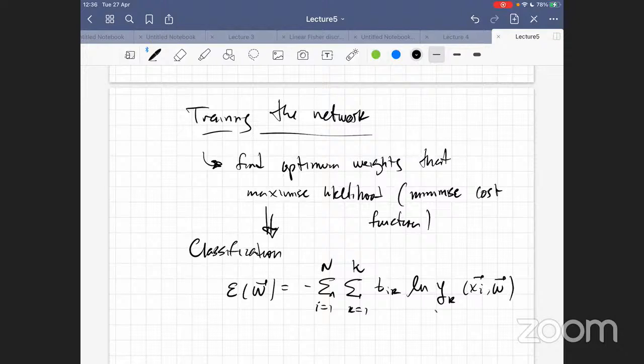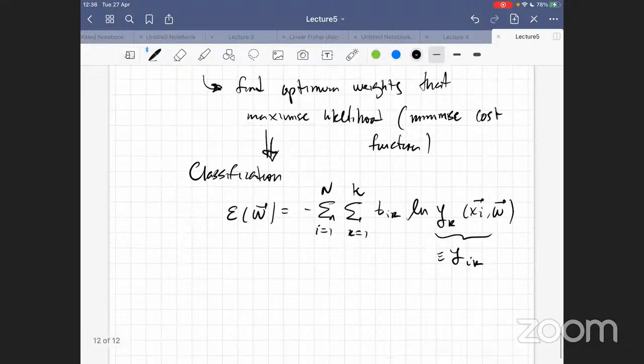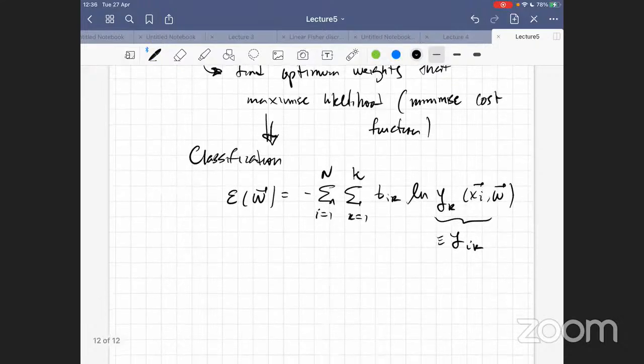And let me call this just y_ik. Okay. This is the cross entropy written in this way. So I am just summing over points and over classes.